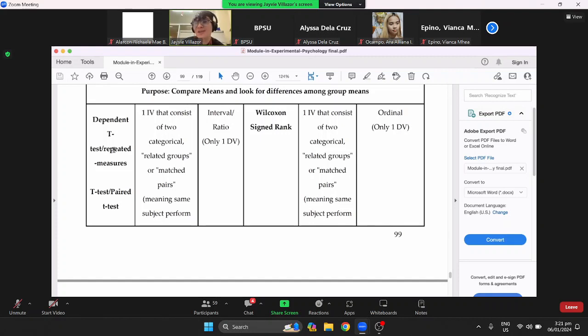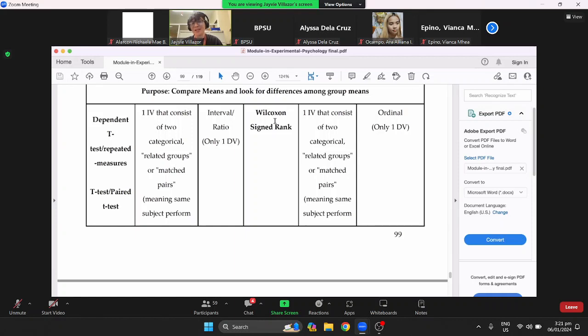Kaya niyang gawin yun. So therefore, you don't really need to arrange them. Okay? So kung ang participants nyo ay 10, 15, malamang sa malamang, hindi t-test dependent ang gagamitin nyo. Ito yun, Wilcoxon sign rank test.